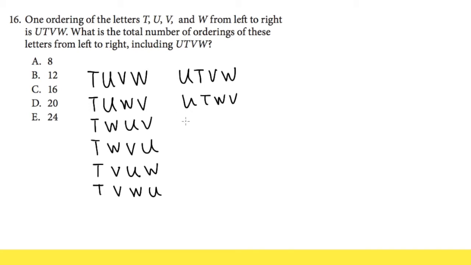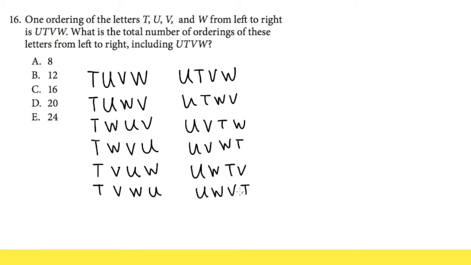So let me do U and then have the V go next and then T and then W. And I can have U, V, W, T, right? You see I just switch these 2 and have a different arrangement. Next, I will have U and then let me have the W go next, and then I can have T, V, and then U, W, V, T.